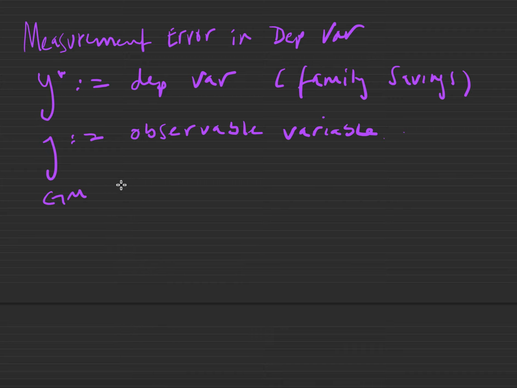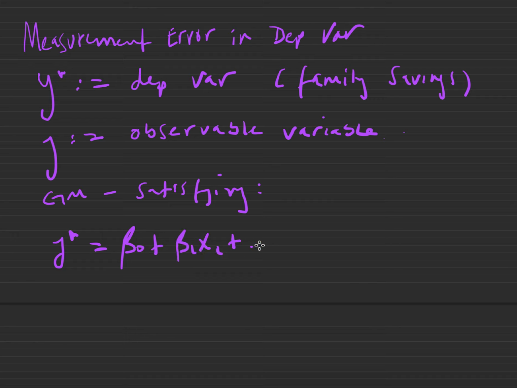The Gauss-Markov assumption satisfying population regression function is the following. y star is equal to beta naught plus beta 1 x1 all the way through beta k xk plus u.